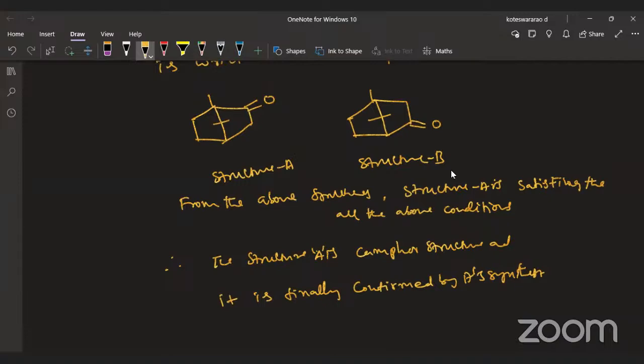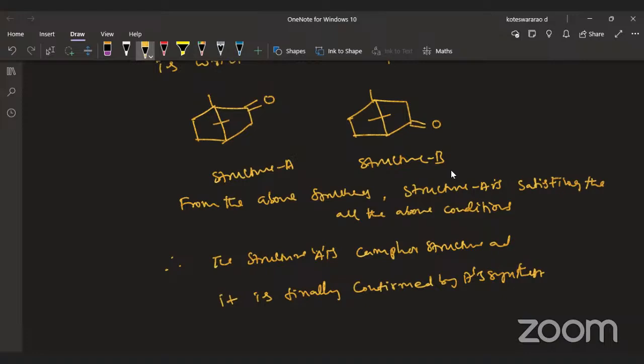So this terpenoids lesson is over. Tomorrow I am going to explain alkaloids. Unit 17 is also a bigger one, almost 35 pages.